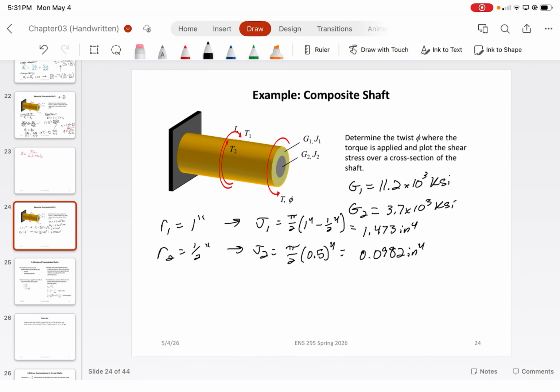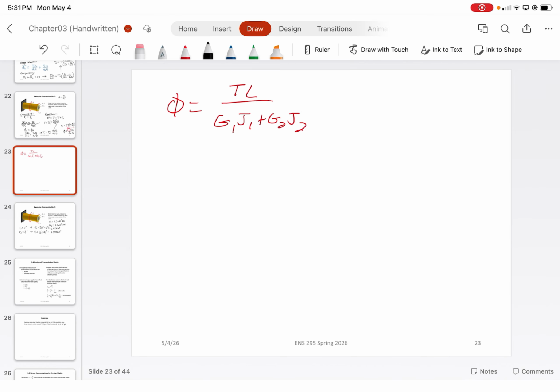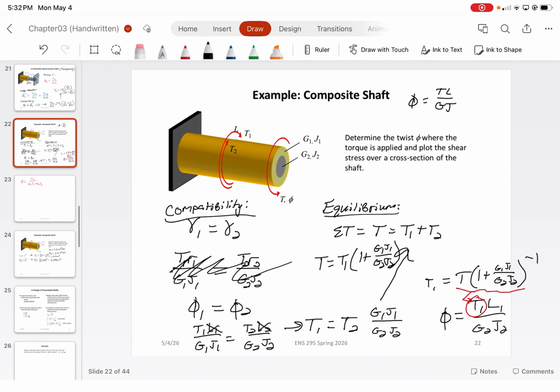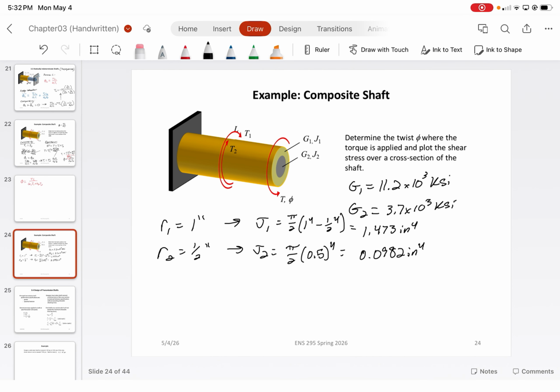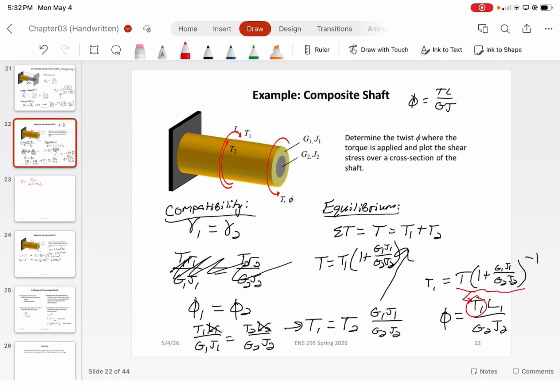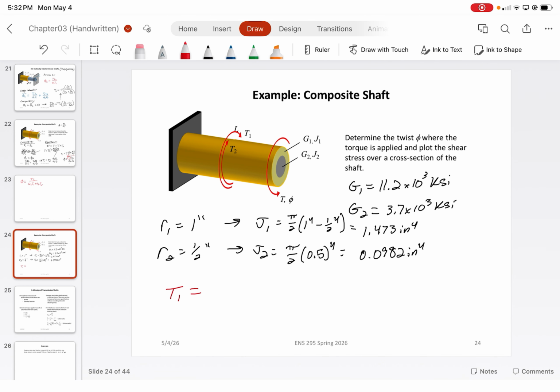All right. So from there, we can figure out what the torque in rod T1 would be. T1, we can just plug and chug since we already kind of did it, would be the applied torque, let's say 10 kip inches.